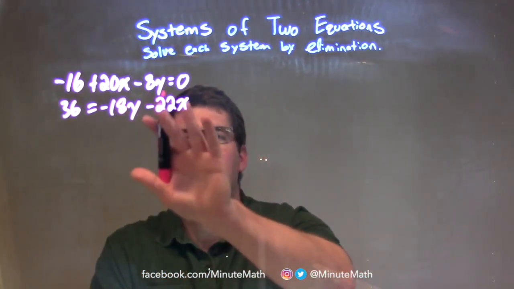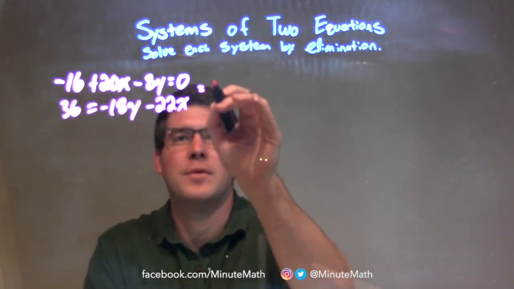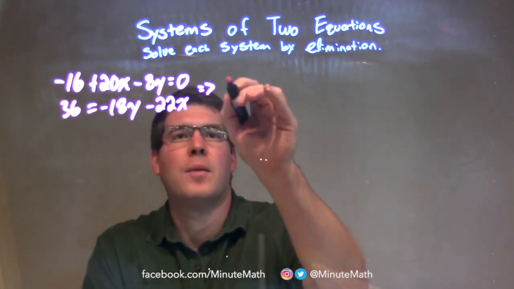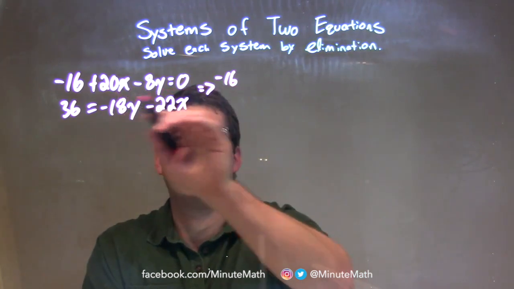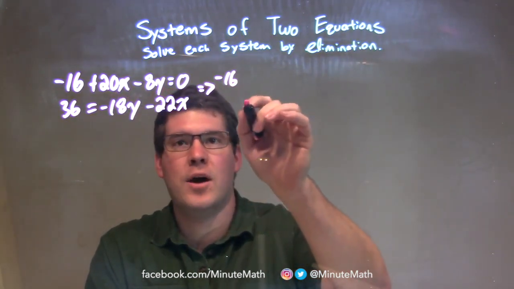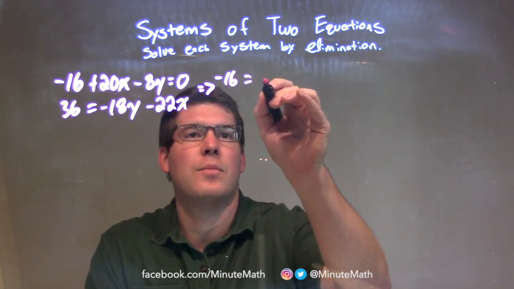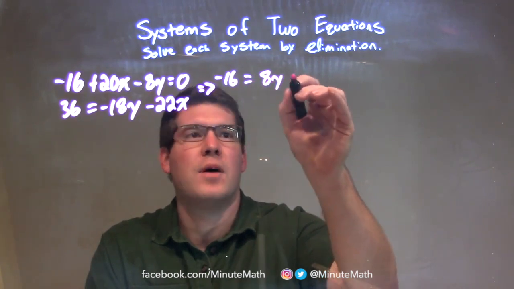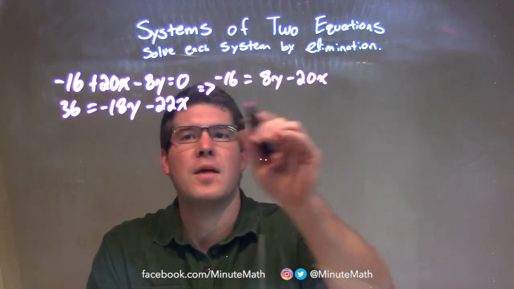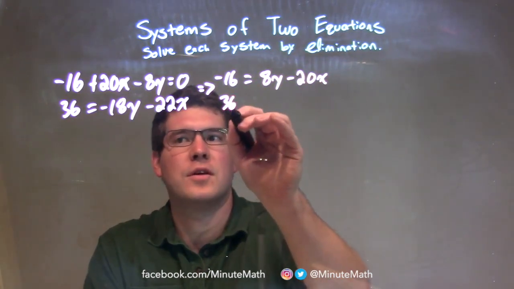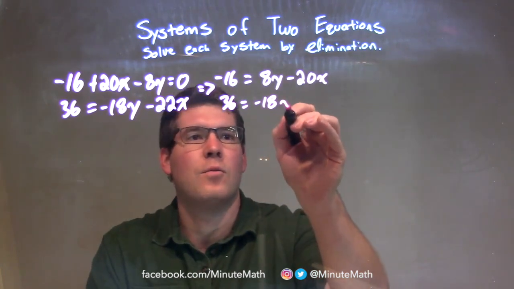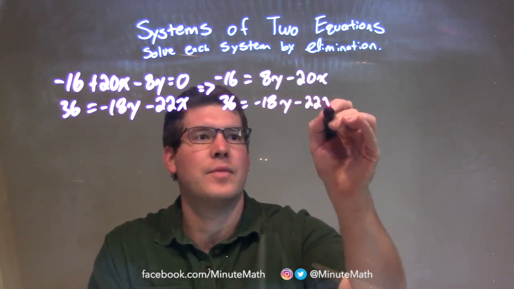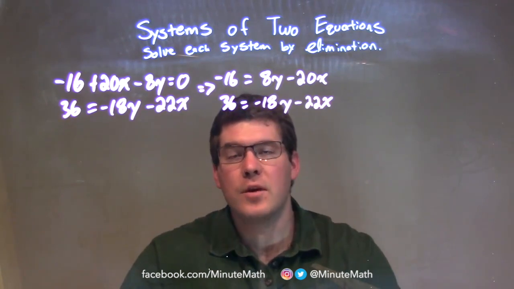So I'm going to bring all the variables to the right-hand side to match the bottom equation. So the top, I'm going to leave as -16, but then I subtract the 20x and add an 8y to both sides. So we have equals a positive 8y minus 20x here. And then I'm going to bring over the bottom equation. 36 equals -18y minus 22x. So this one's going to be tricky.